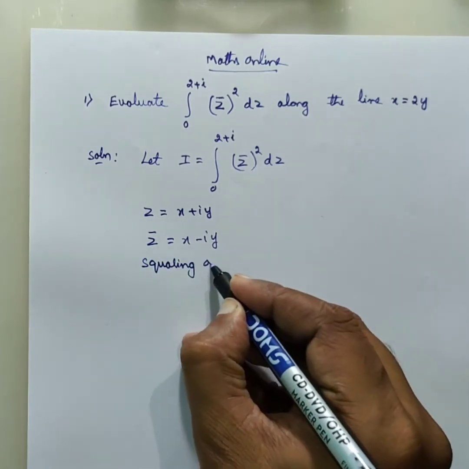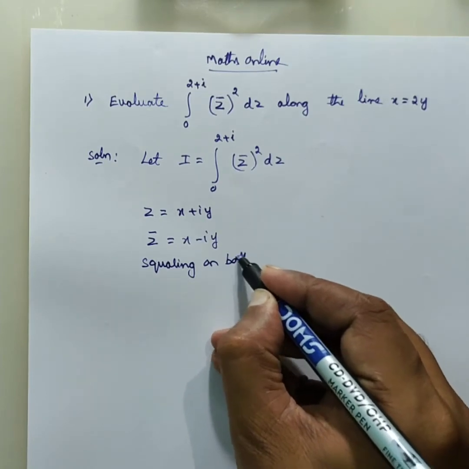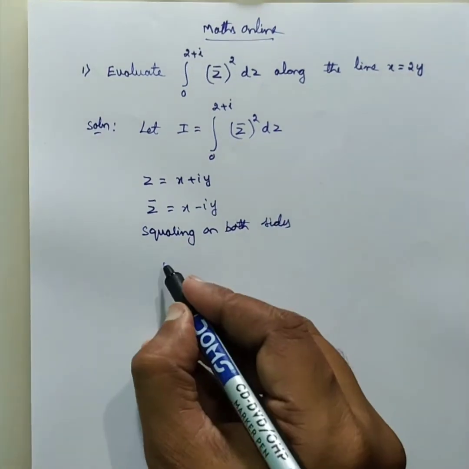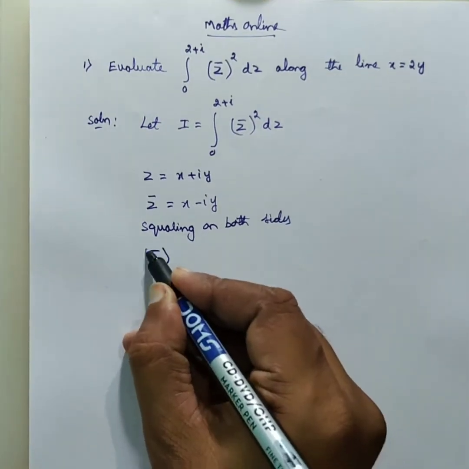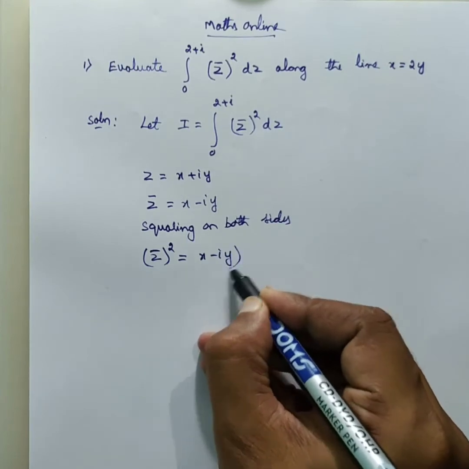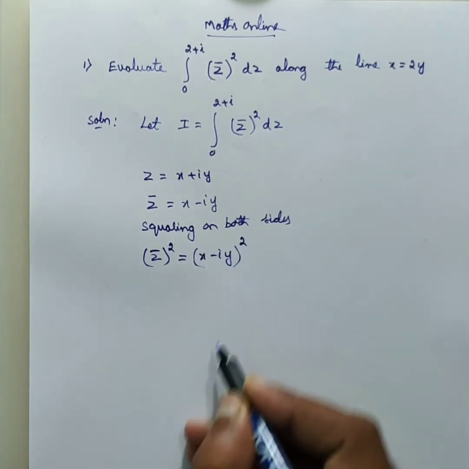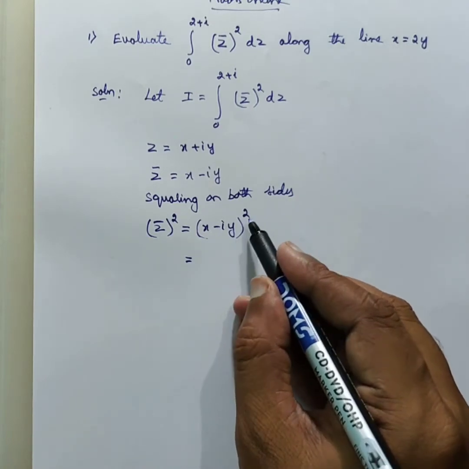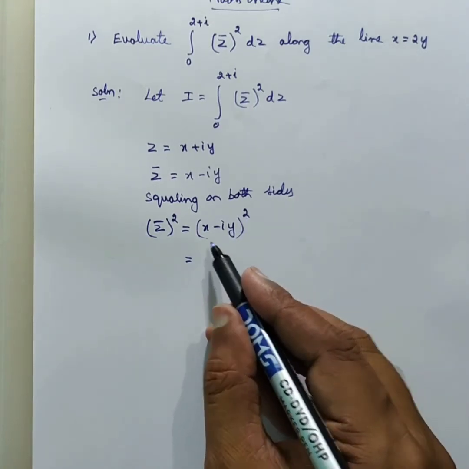Squaring on both sides, we get z bar square to be equal to (x minus iy) whole square. Now this is in the form of (a minus b) whole square. We'll try to expand this one.